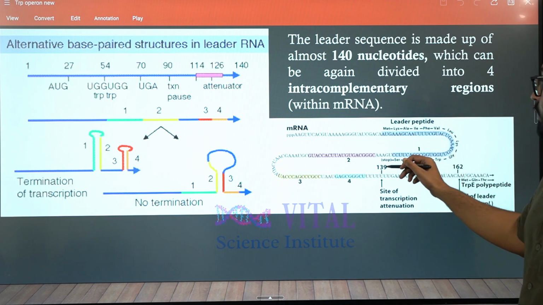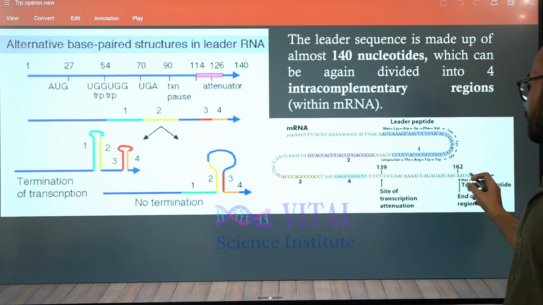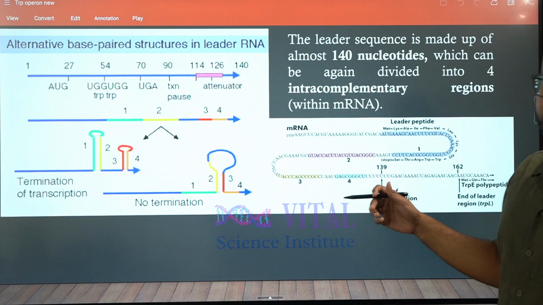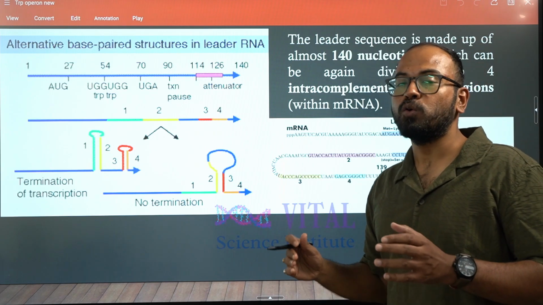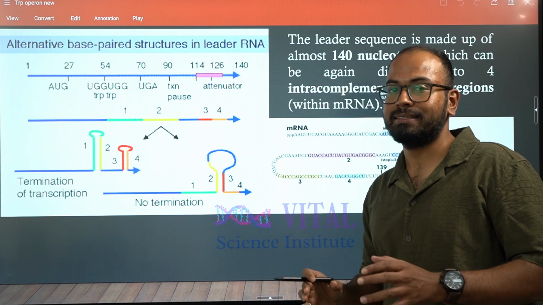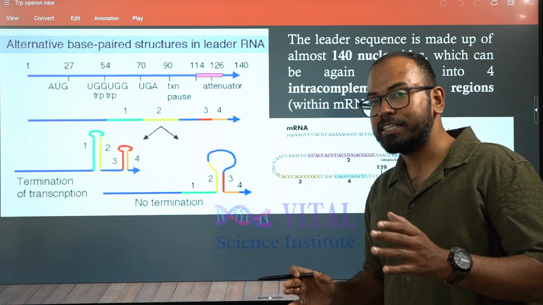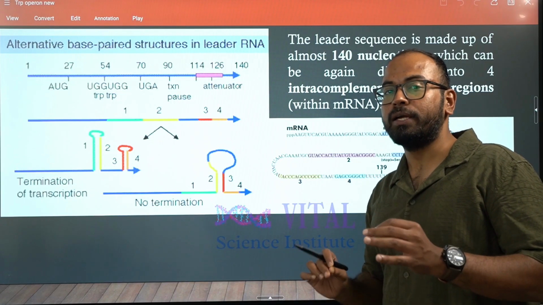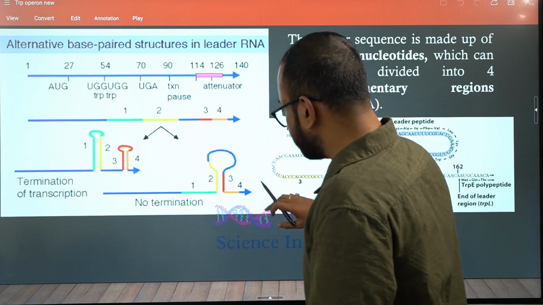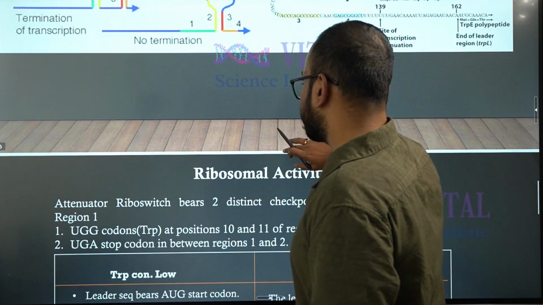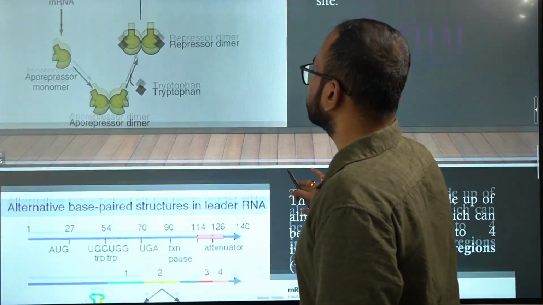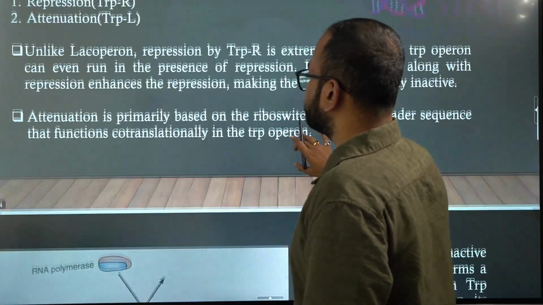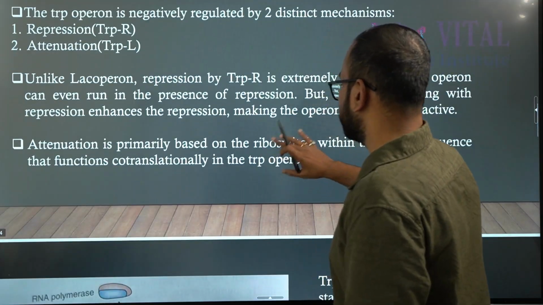The overall leader sequence is near about 140 nucleotides in length. So the attenuation problem is being solved.